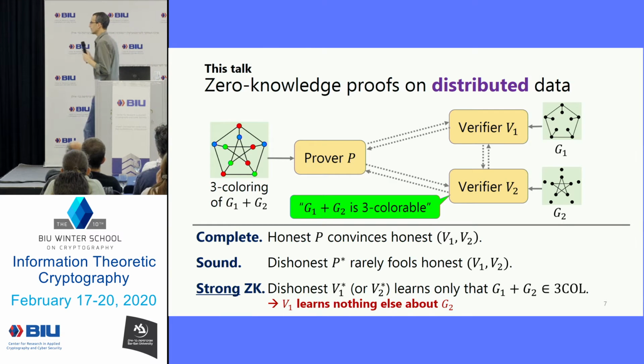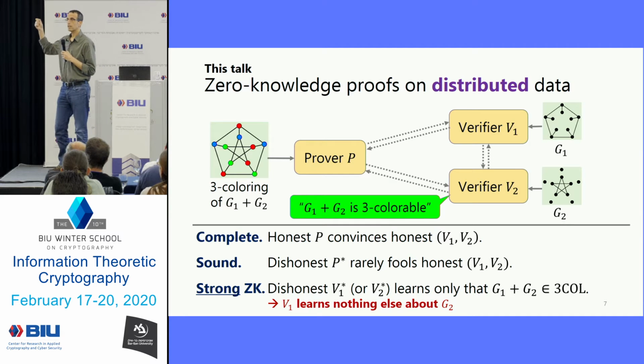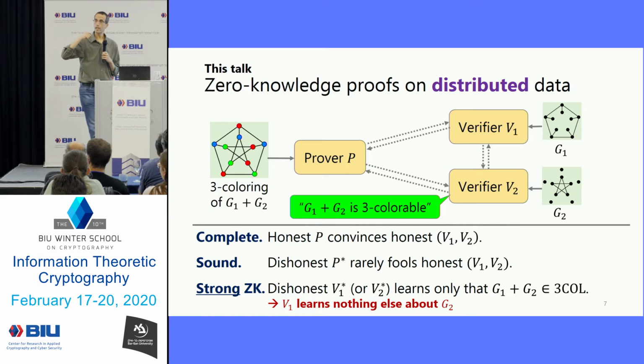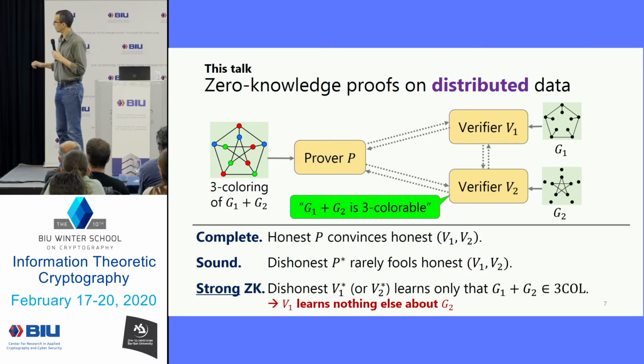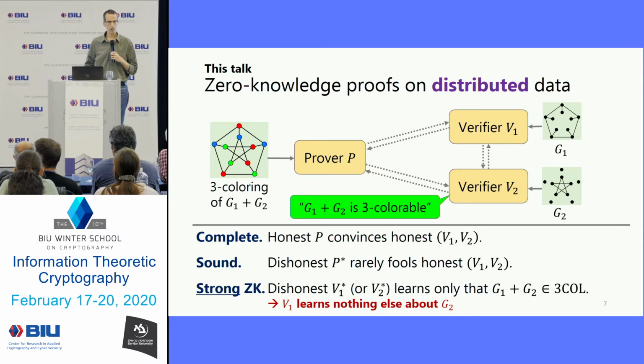So we want a dishonest verifier, in this case, not only not to learn anything about the graph, we don't want it to learn anything about what the share that the other verifier gives. Okay, so that's our goal, and we are going to use that in the context of MPC.